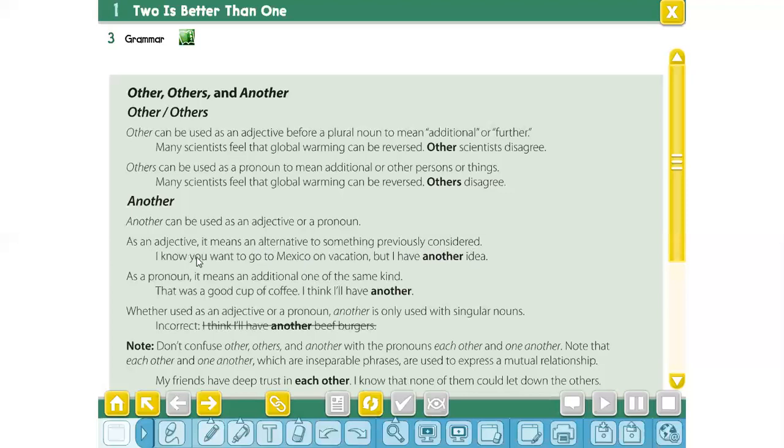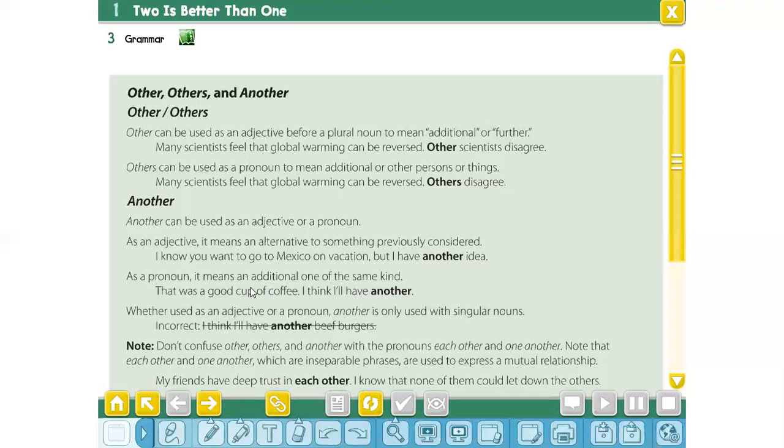So this is the first option, to go to Mexico. And there is another idea rather than going to Mexico. And also it can be used as a pronoun to mean what? An additional one or of the same kind. Like what? That was a good cup of coffee. I think I'll have another. So I'll have another cup of coffee.